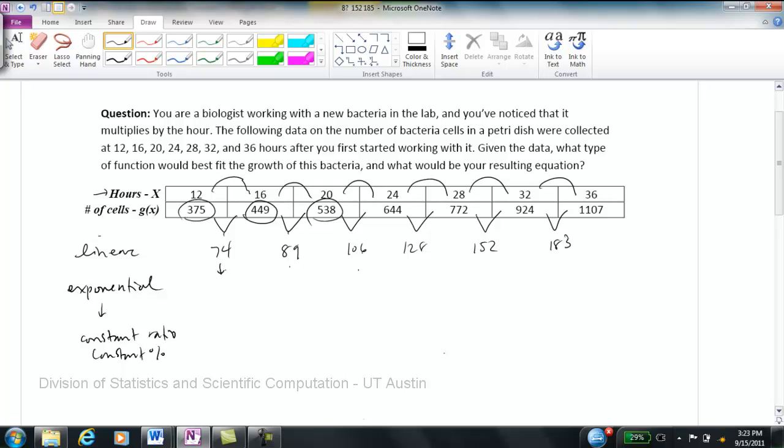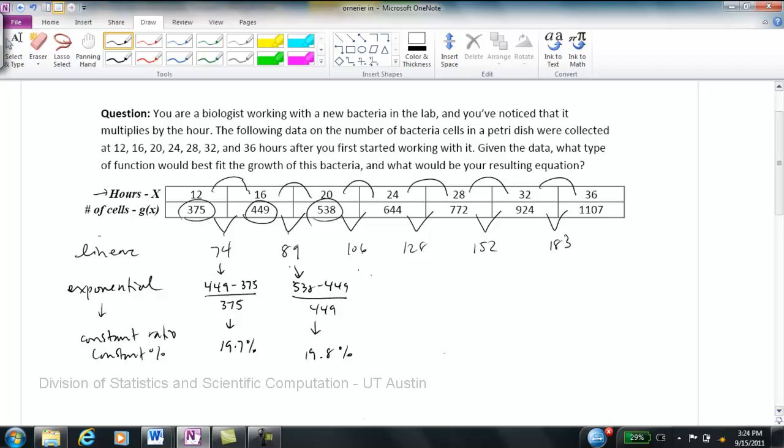To determine whether or not the ratio is the same across, I want to take the ratio between these numbers. That's going to be 449 minus 375 divided by 375, and I get a 19.7% increase. When I do it here, 538 minus 449 divided by 449, I get an increase of 19.8%.